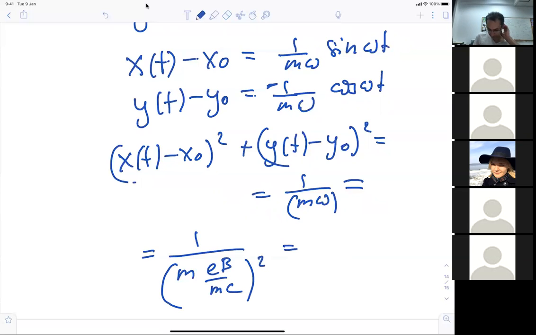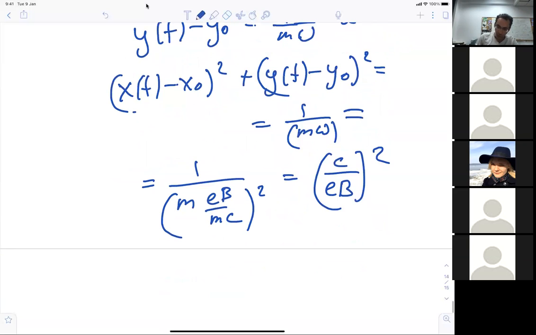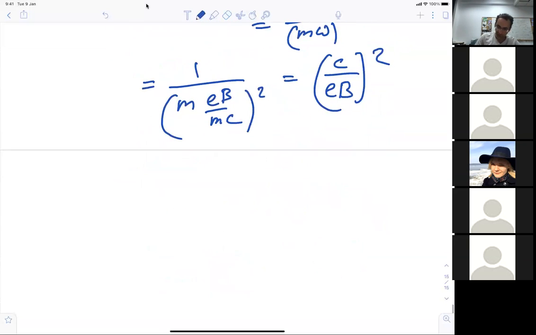So we get that it's equal to (c over eB) squared. So it's essentially rotation on a circle with the radius of the circle being c over eB.